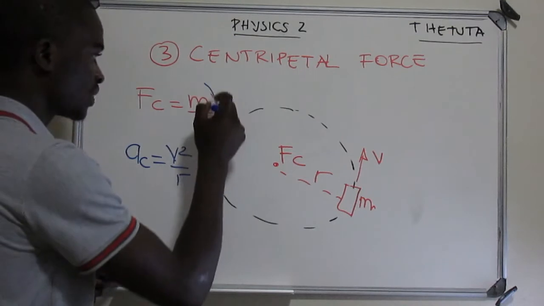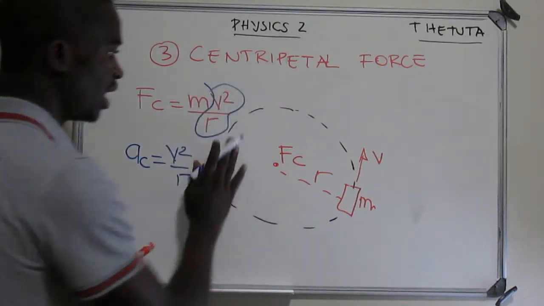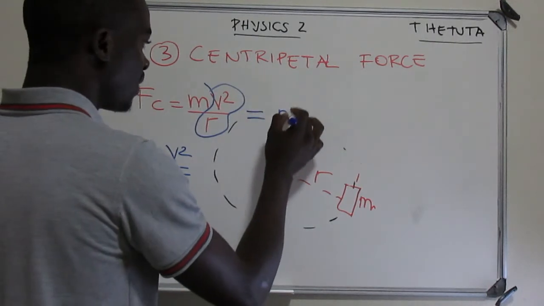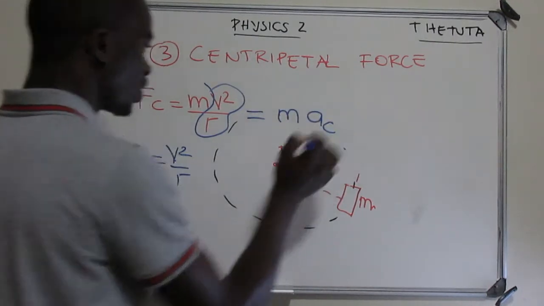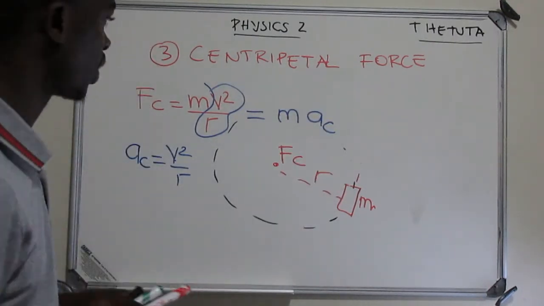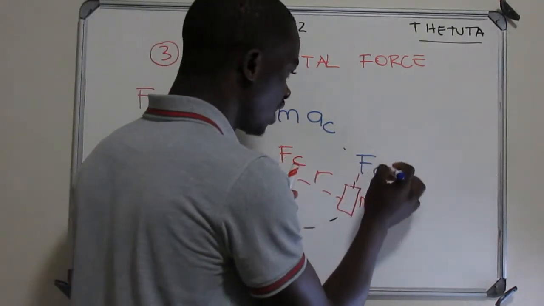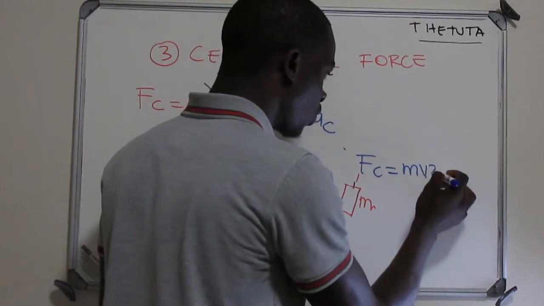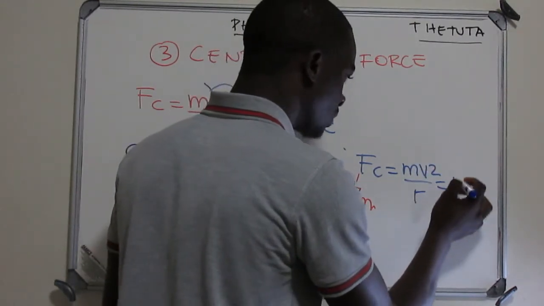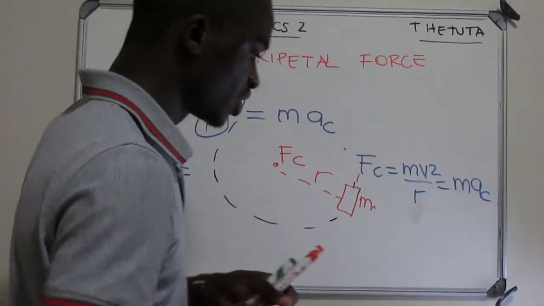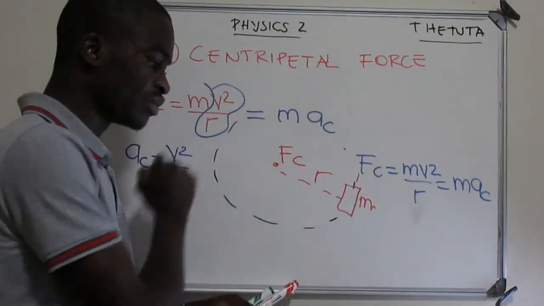If you observe here, you will see that this is our centripetal acceleration, and therefore this will be the same as mass times the centripetal acceleration. So the two equations are the same. What you are going to keep here is that our centripetal force is given by mass velocity squared over r, which is the same as mass times the centripetal acceleration. This is what you need to keep in mind when it comes to problem solving.